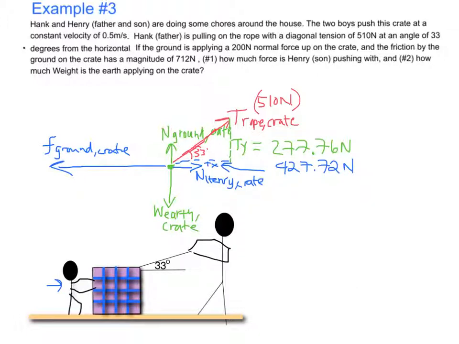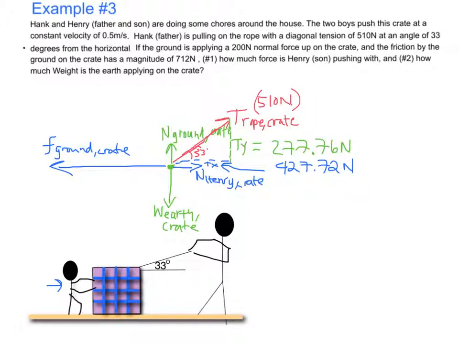Alright, so where are we at? Well, now we can ignore the tension for now, because we've already solved for the vertical and horizontal components. So what are we looking for? Number one asks us, how much force is Henry, the son, pushing with? So that's looking for this force right here.